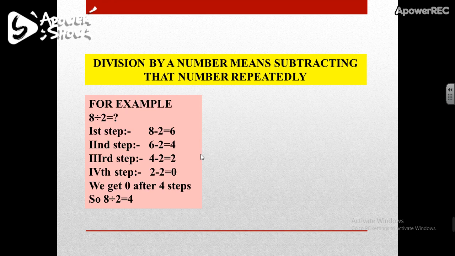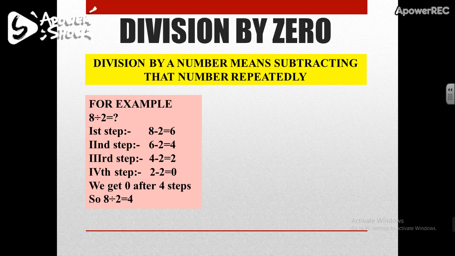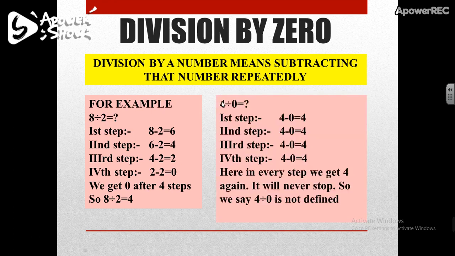So in this way, by repeated subtraction, we will get the answer. Now I am taking another example in which I am going to divide a whole number by 0. So 4 divided by 0. In the first step, I have to subtract 0 from 4. So 4 minus 0 is again 4. Now I have to subtract 0 from this answer. So 4 minus 0 again 4. Again 4 minus 0 is 4.